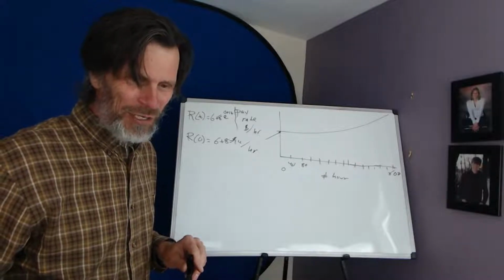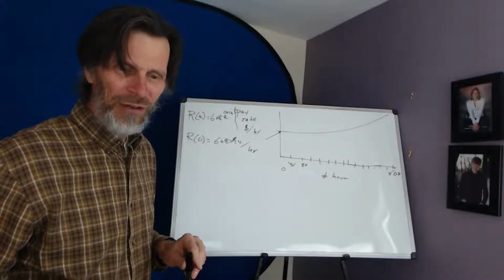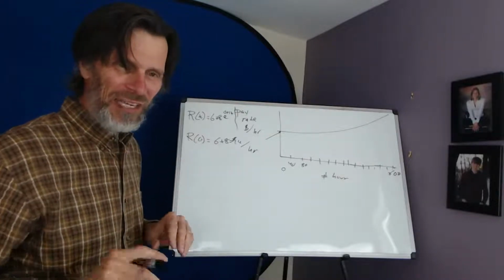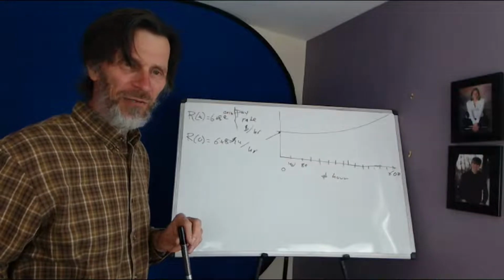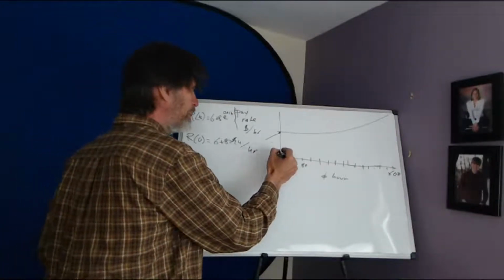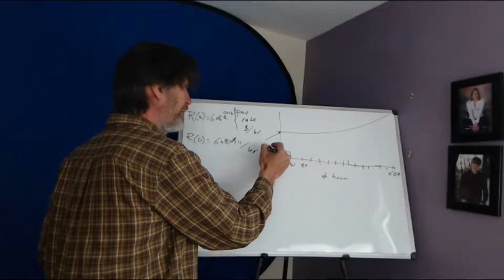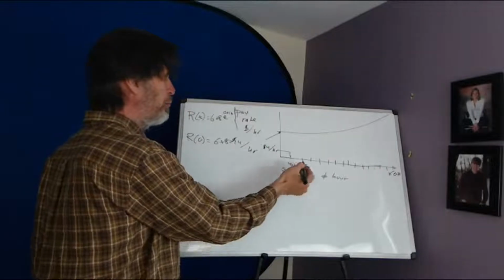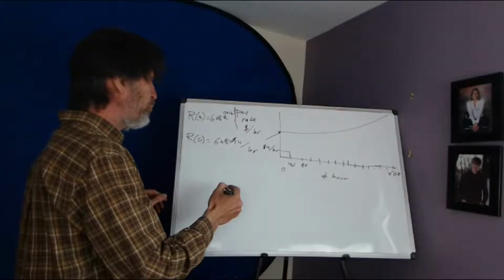Part B. What does 1 square of area under the curve represent? Here's where we really have to get this understood, and once we do, this goes so easily. The square is $4 per hour tall and 40 hours wide.